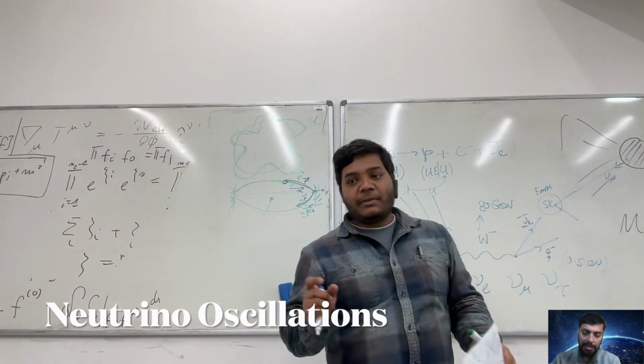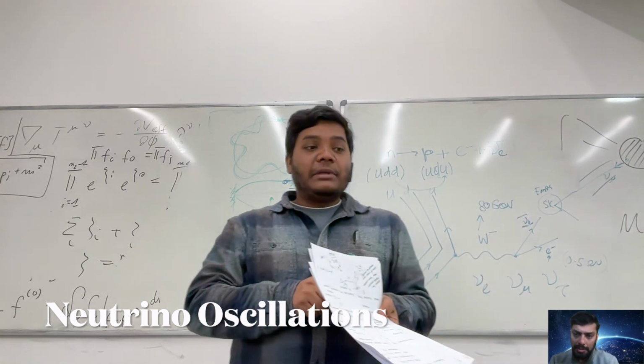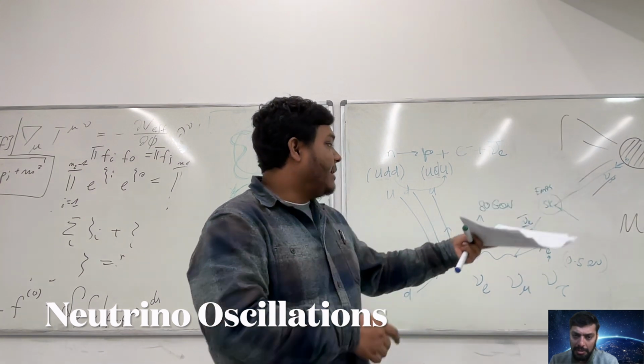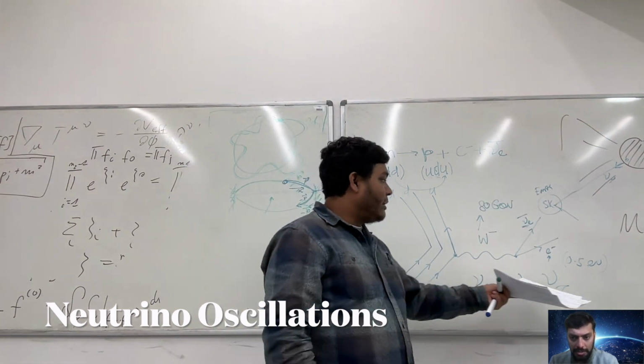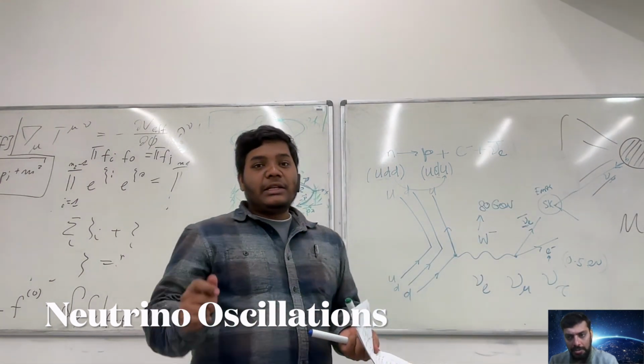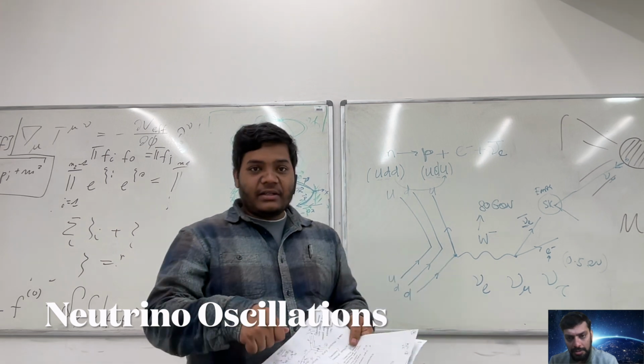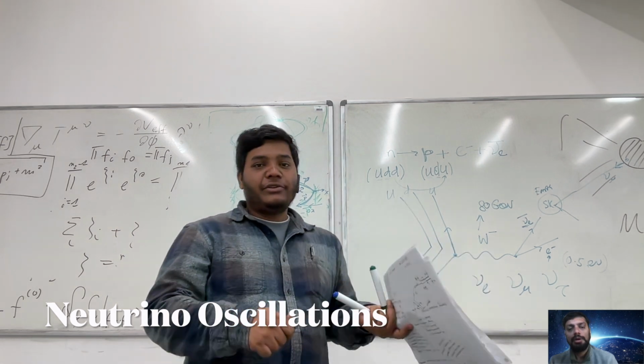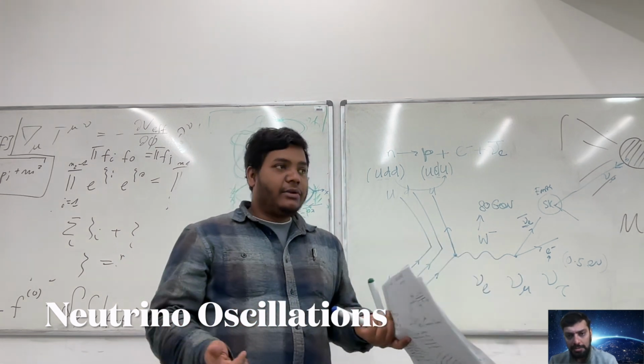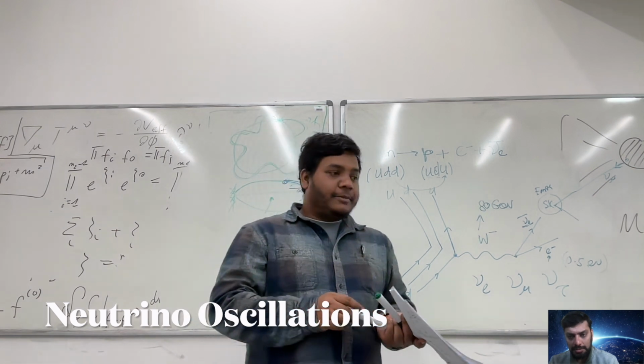So they found that, okay, probably this neutrino, which has the other two flavors like electron neutrino and tau neutrino, can change its flavor. They can change from electron neutrino to muon neutrino or muon to tau neutrino or the other way around.